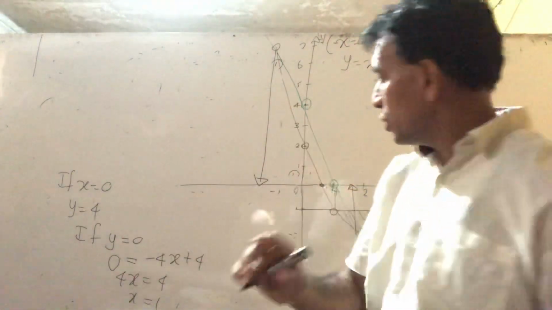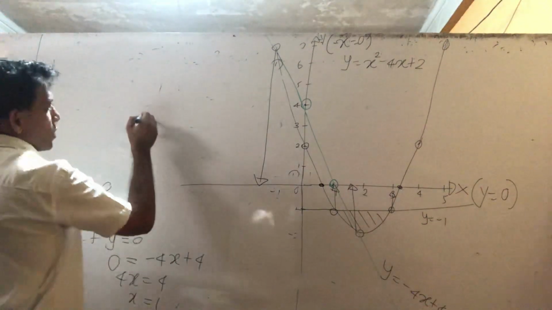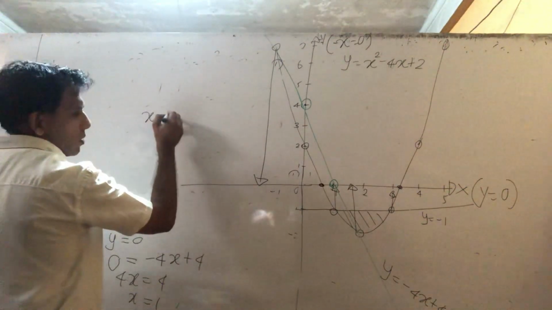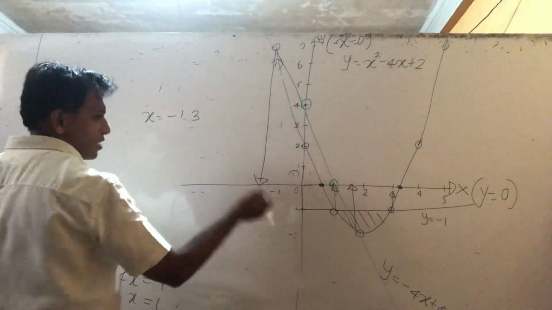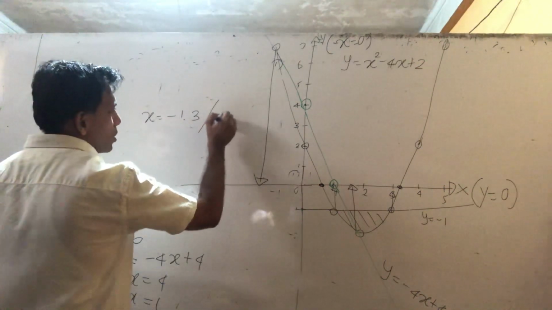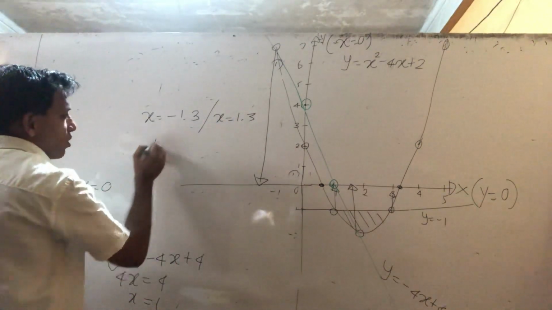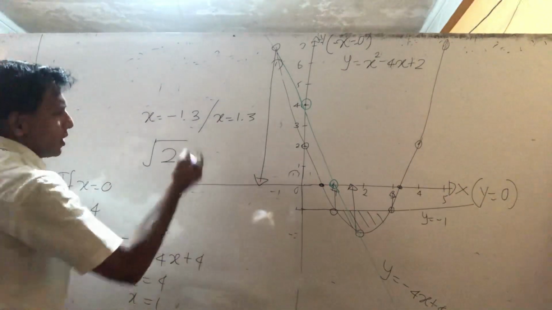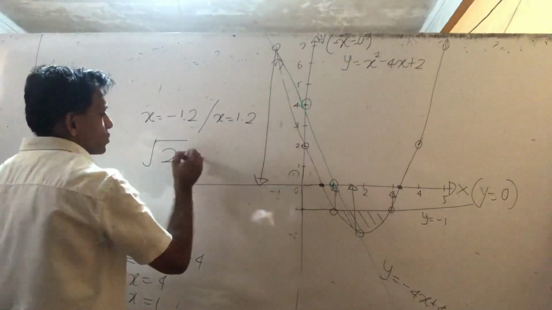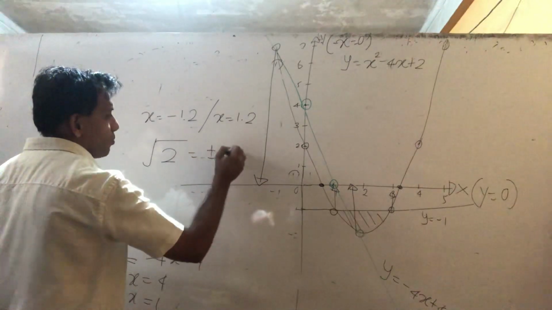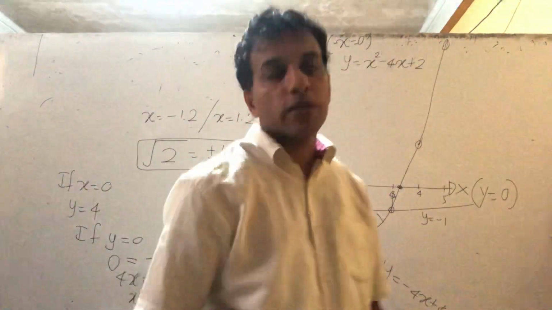So if you draw properly, you can see the 2 solutions. x equals, maybe, minus 1.3 something. You check that x equals 1.3. This is the value of the square root of 2. 1.3 or 1.2, you can see 1.2. So plus or minus 1.2 or 1.3, see on your graph sheet.